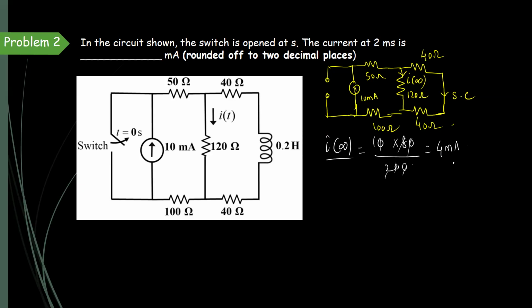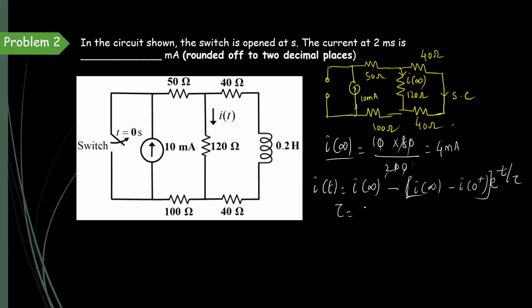So we need to find the current equation. The current equation can be written as I of infinity plus I of 0 plus minus I of infinity, into e power minus t by tau, where tau is the time constant.